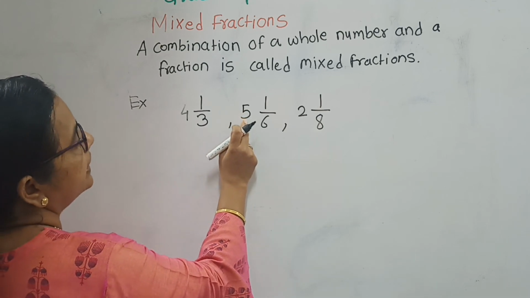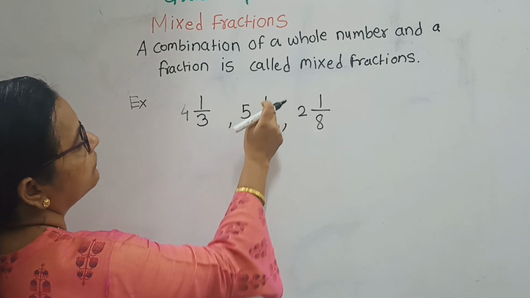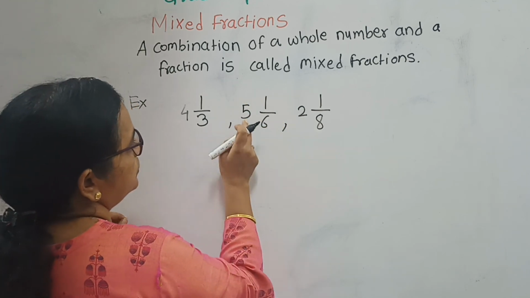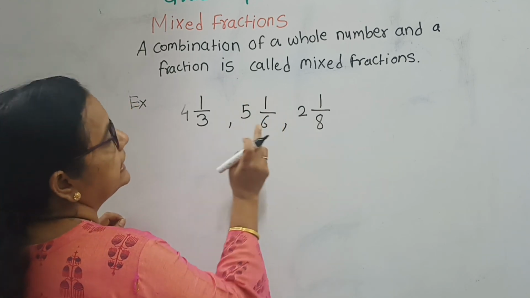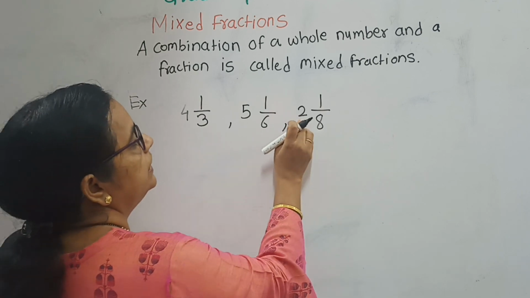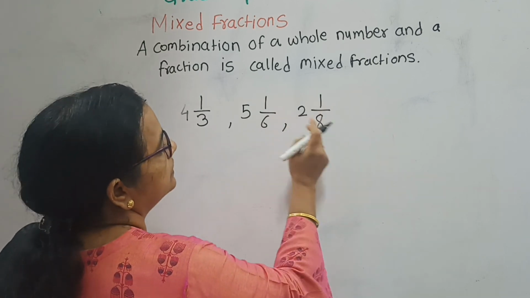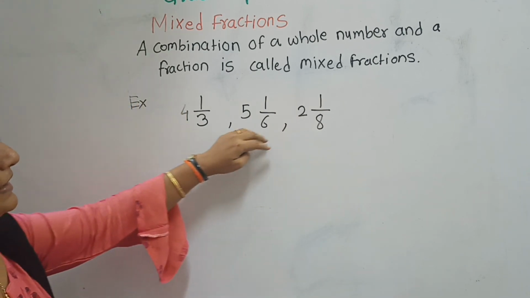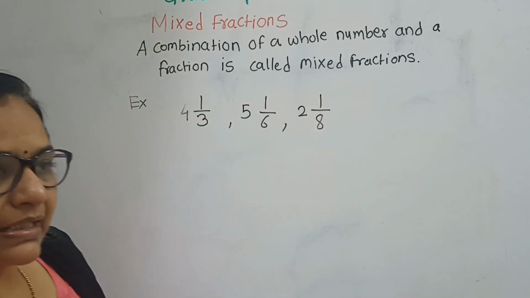Then 5 whole and 1/6: 5 is whole and 1/6 is a fraction, so 5 1/6 is a mixed fraction. Then 2 whole and 1/8. This is also a mixed fraction. So these are the examples of mixed fractions.